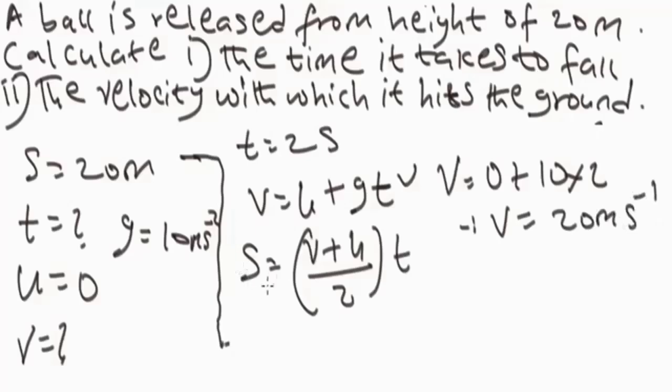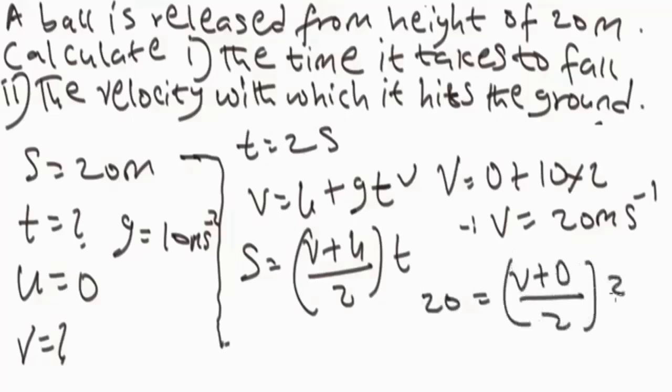Whereas if you use this one, our x is 20 equals our v, which is unknown, plus u, which is 0, over 2, times the time, 2. When you simplify this, you are going to have 20 equals 2v over 2, since 2 times 0 gives you 0.